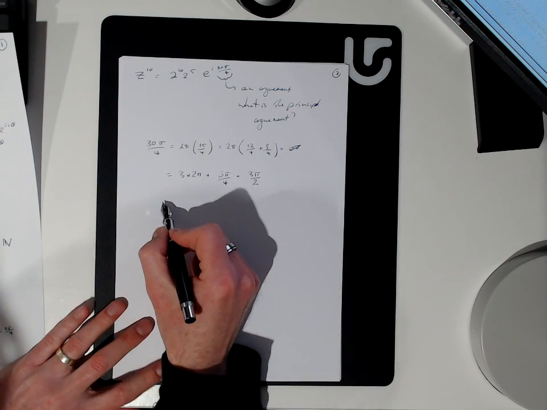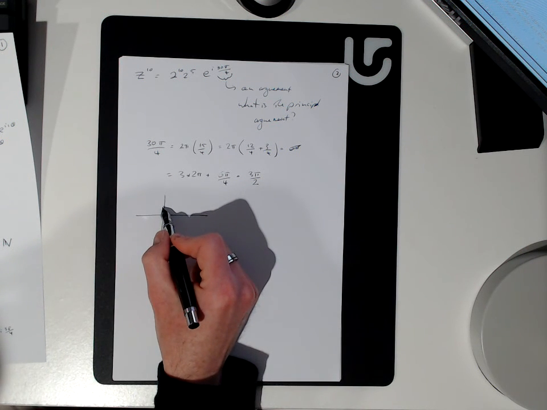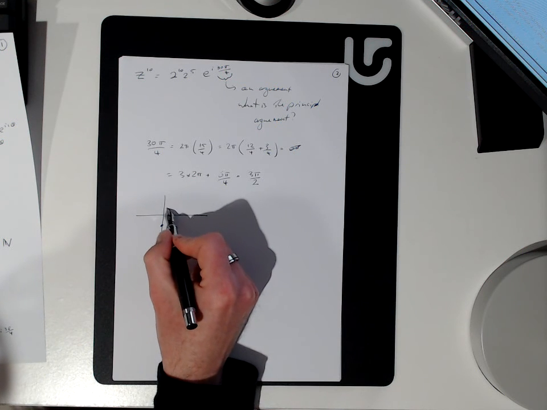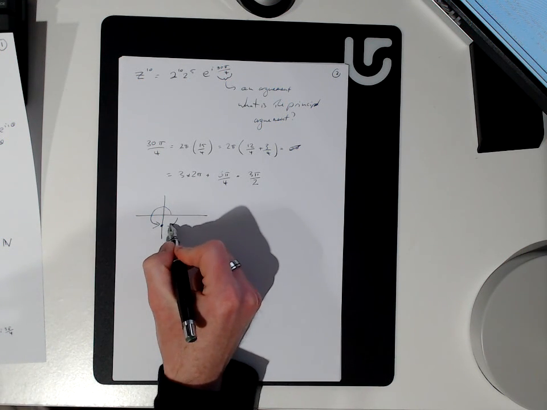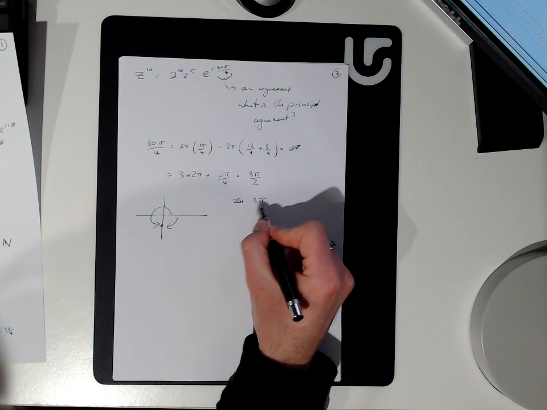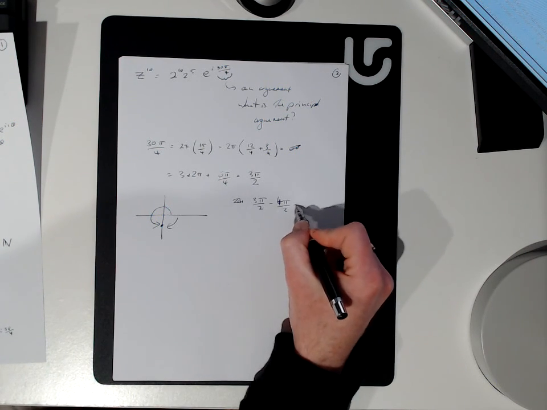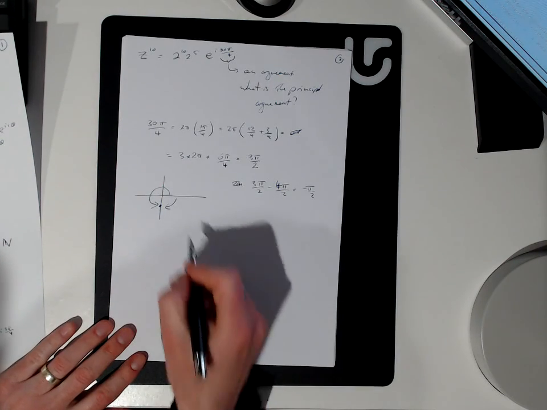Okay, so pi over 2, 2 lots of pi over 2, 3 lots of pi over 2. Alright, we want that one. So 3 pi over 2 minus 2 pi, well that's 4 over 2 pi, is minus pi over 2, which is what that angle is.